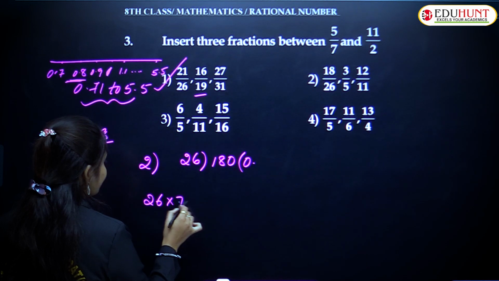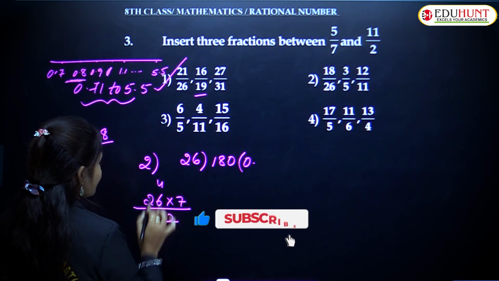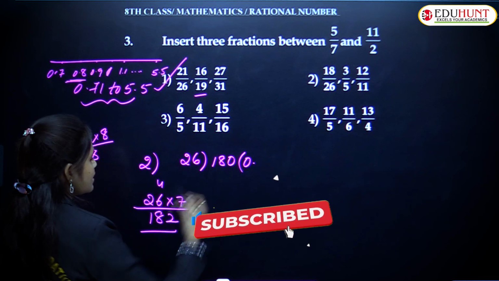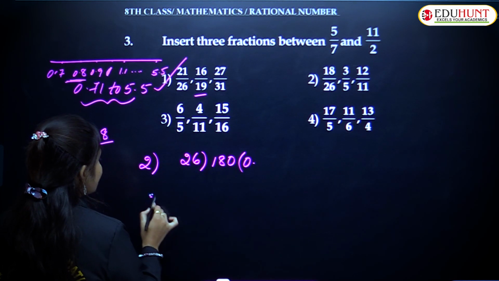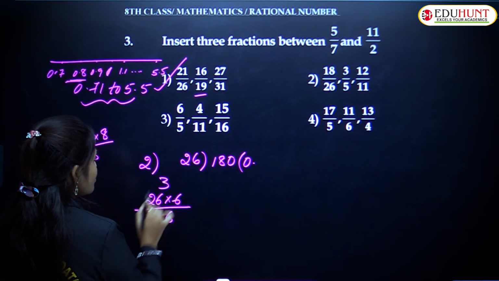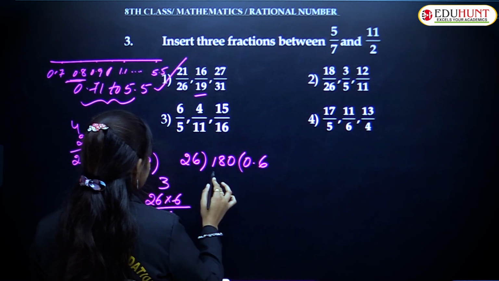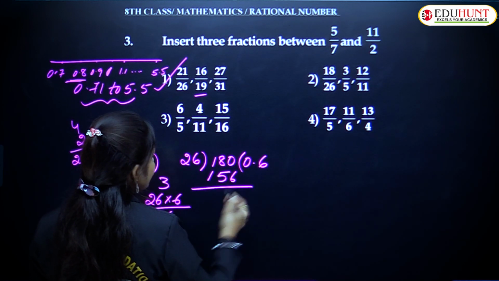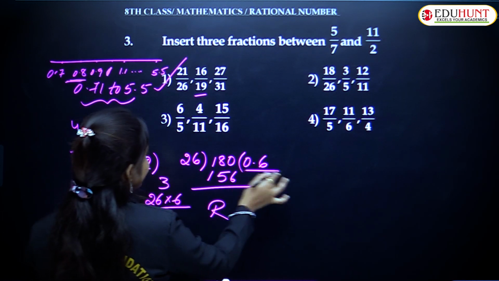So take 26 into 7. 7 6s are 42. 7 2s are 14 plus 4 is 18. So this is also more. So it is better to go for 26 into 6. 6 6s are 36. 6 2s are 12. 12 plus 3 is 15. So 26 into 6 is equal to 156. So children, whatever the remainder may be, here we are getting 0.6.